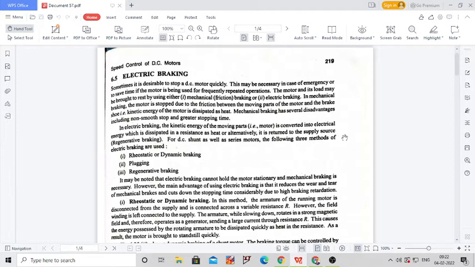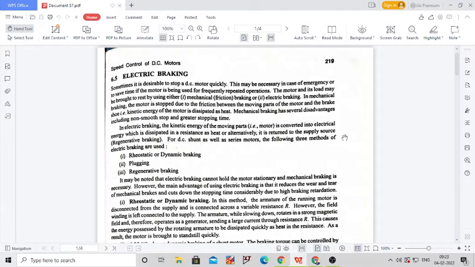Suppose an emergency stop of the motor is required; at that time, it is necessary to stop the motor immediately. Or sometimes we have to decrease the speed of a motor for a small duration of time, and then the motor again achieves its actual operating speed. In that case, it is necessary to apply braking to the motor.